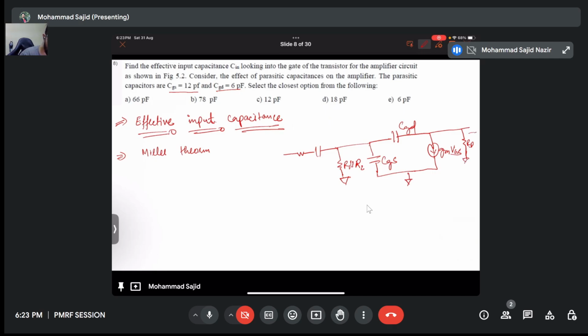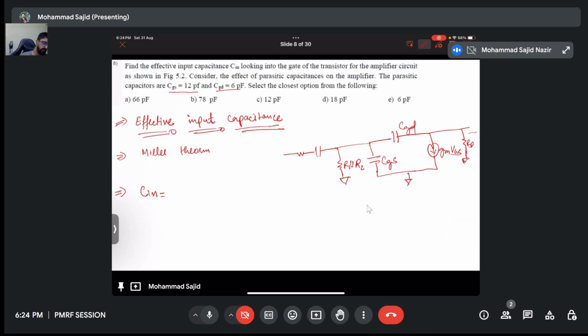Okay, so this is how your parasitic capacitances are present in your equivalent circuit. What we need to do is calculate the effective input capacitance. In the last session, we calculated it from Miller's theorem.